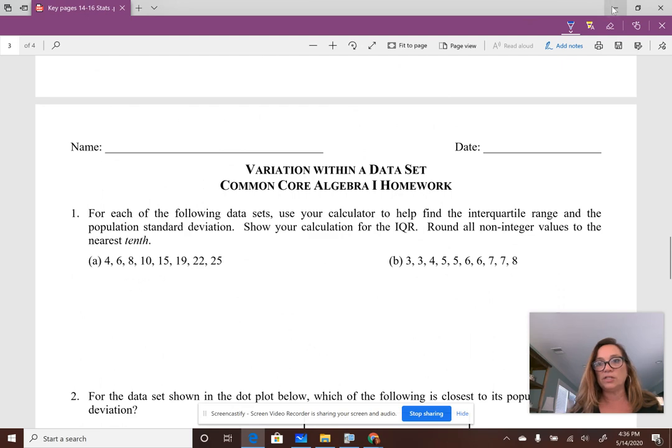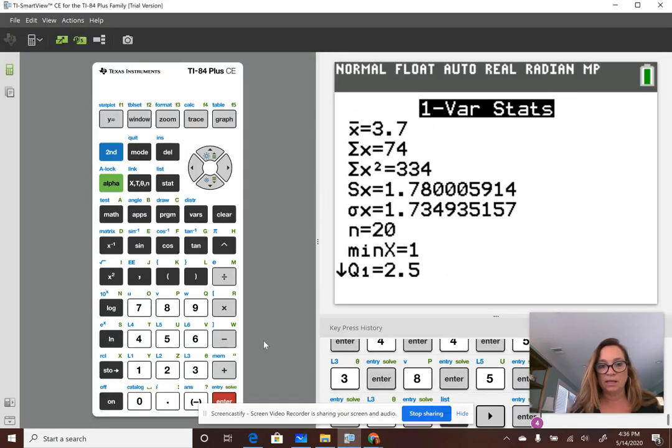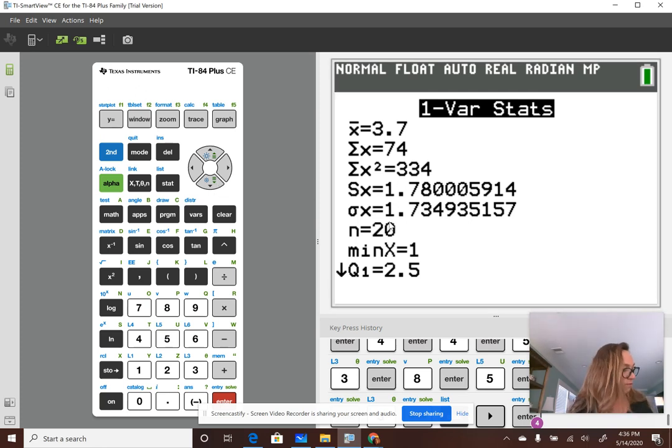All right, so let me just one more time show you this calculator. Okay, so all of this is written for you on page 13, and I wrote it out. It says TI-84 Guide to 1-Var Stats, and it tells you everything that you need. Now, at this grade level, you only need to know about x-bar, that's the mean.